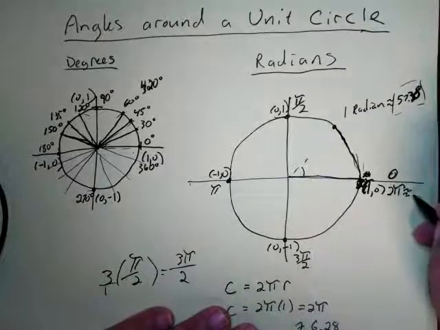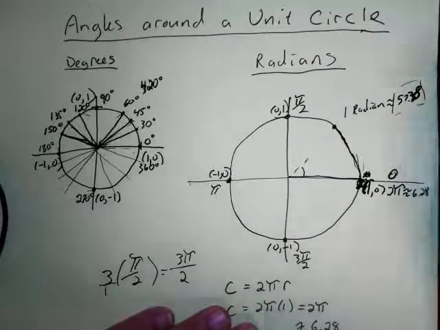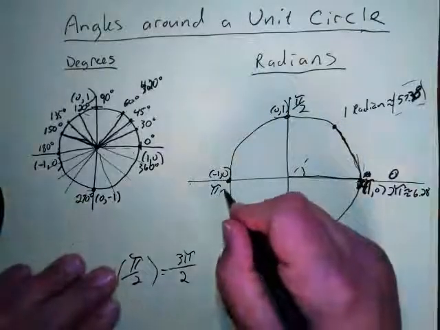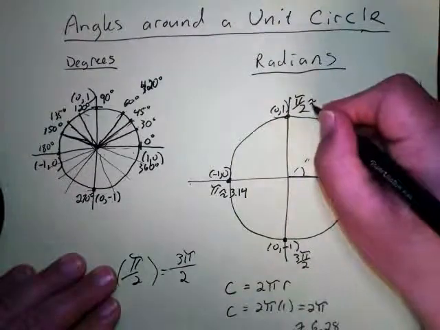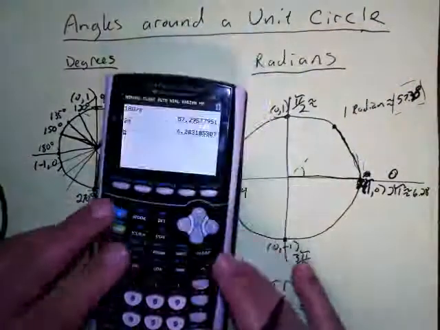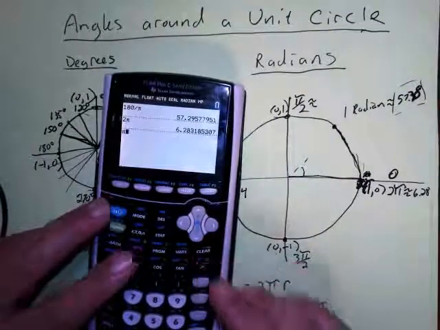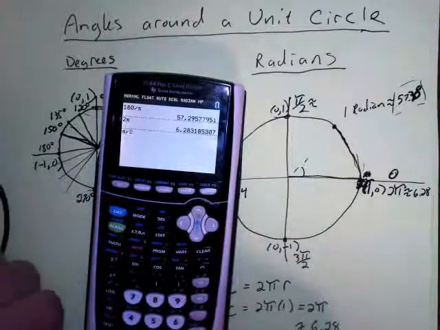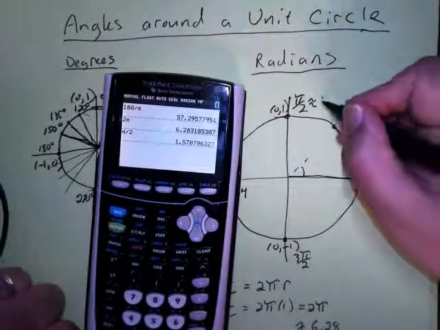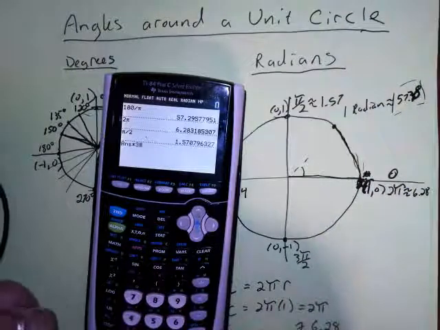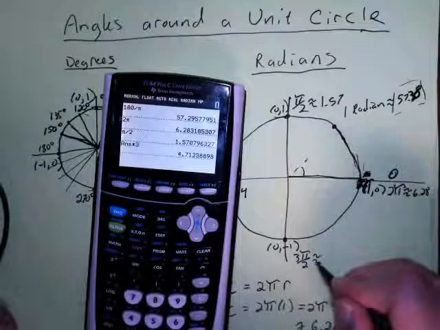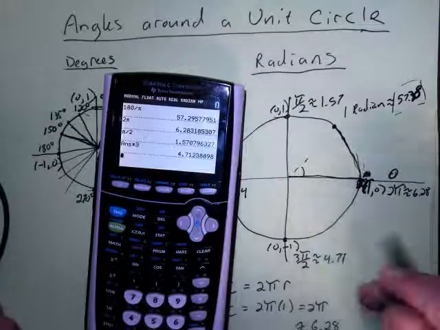Pi is approximately 3.14. Pi over 2 is approximately 1.57. And then multiply that by 3, so 3 pi over 2 is approximately 4.71.